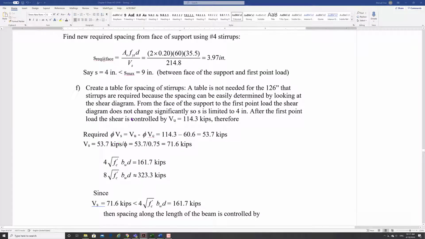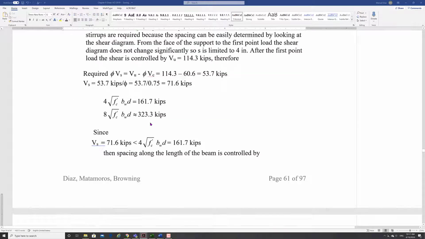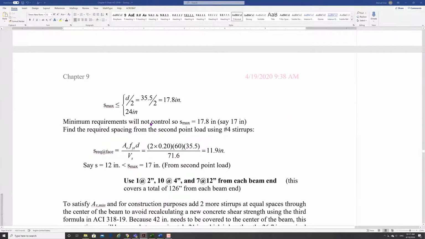So I had to use that spacing to start with. So 11.9, let's say again 12. So 12 inches here, I'm good. It's less than the maximum, so I had to use my 12 inches.